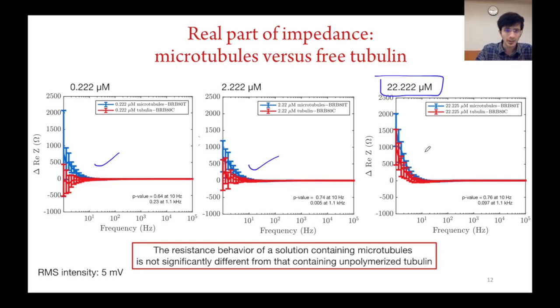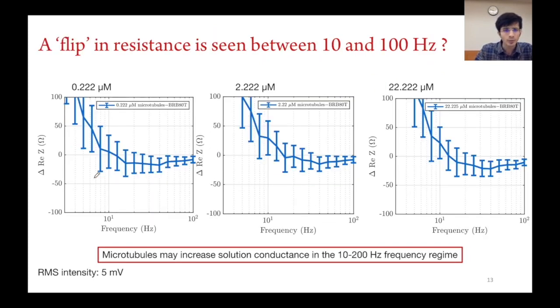However, interestingly, if you were to zoom in just between 10 and 100 hertz, okay. So if you have this graph and all you do is zoom in between 10 and 100 hertz, you'd find something very interesting. At this range, the resistance contribution of microtubules was actually very interesting.